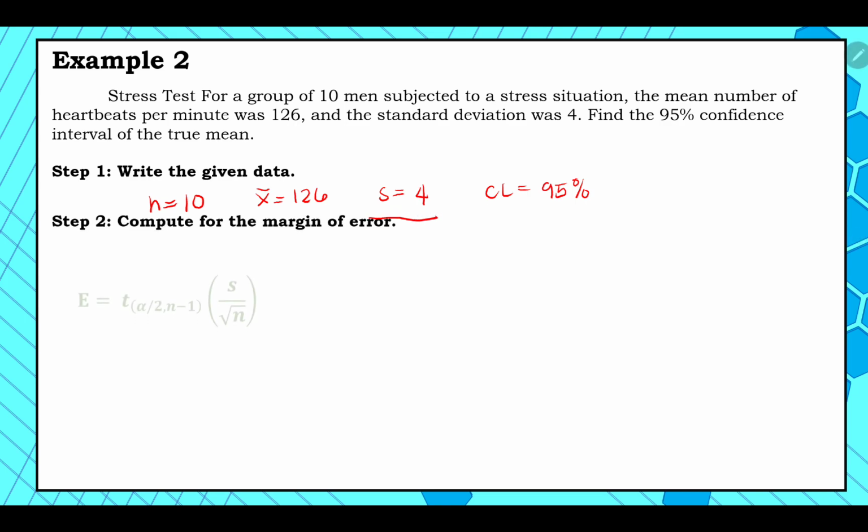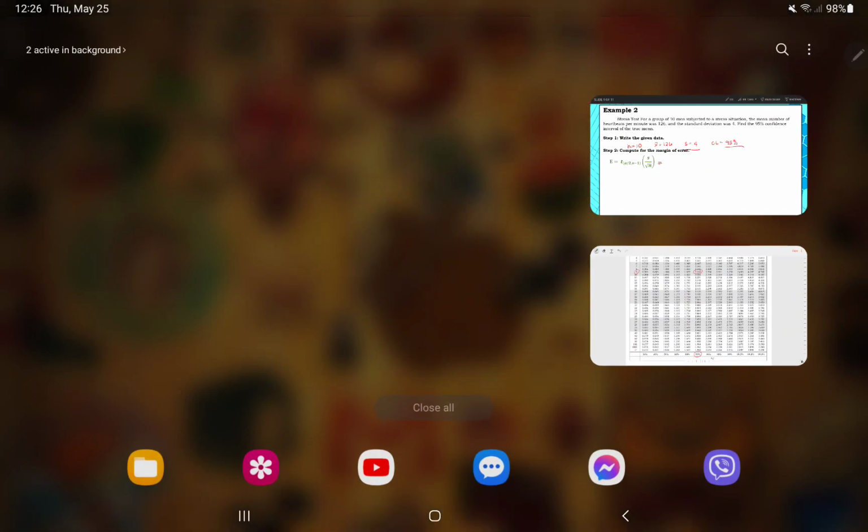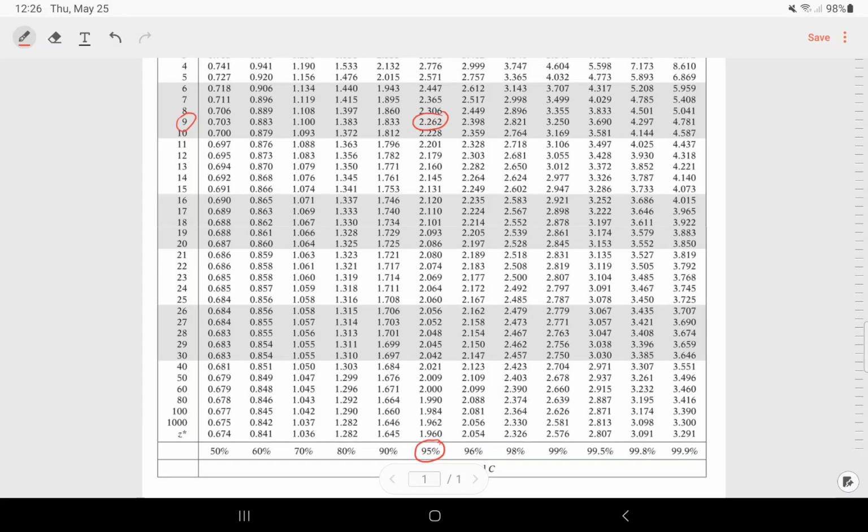To compute for the margin of error, so our t alpha over 2, n minus 1, we have a 95% confidence level, and we have df of 10 minus 1, again, 9. So 95, 9. I guess we're on the same value, because they have the same sample size and the same confidence level.